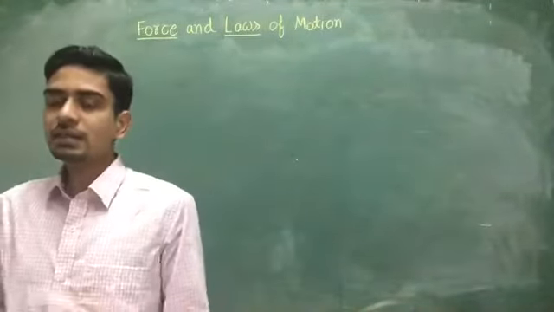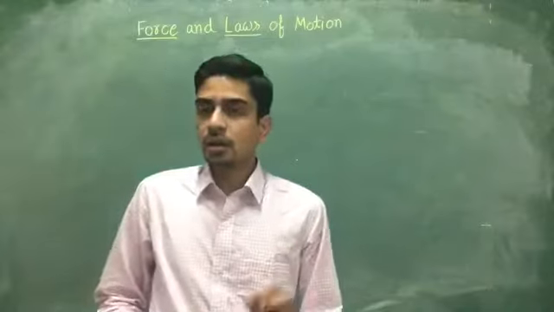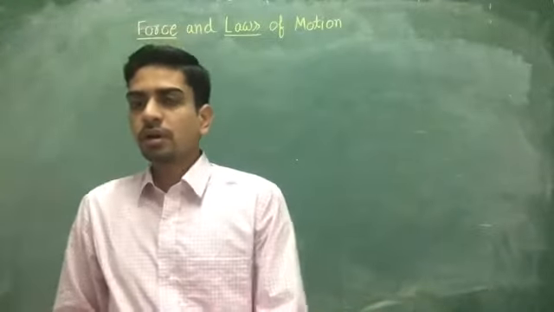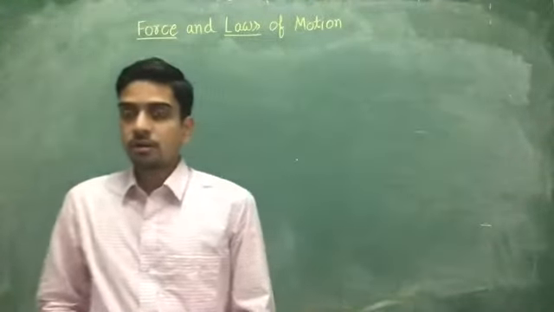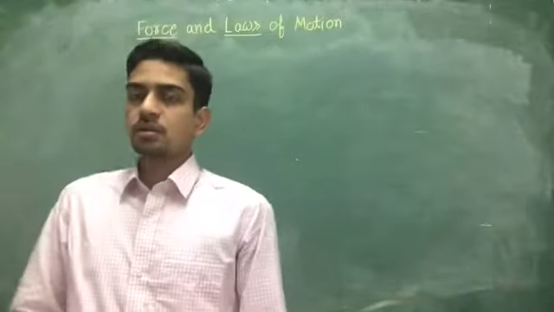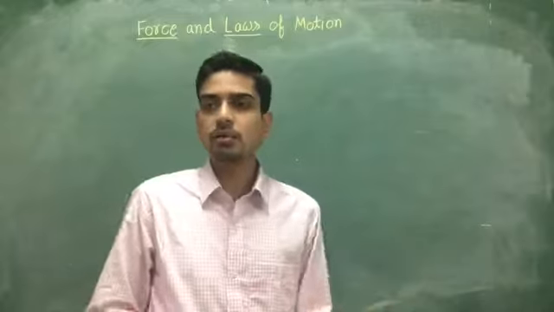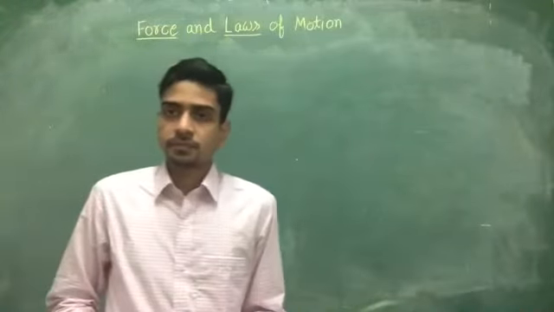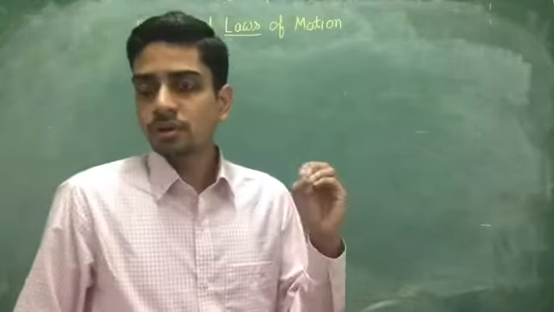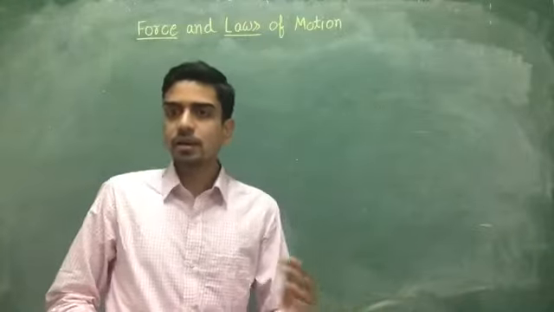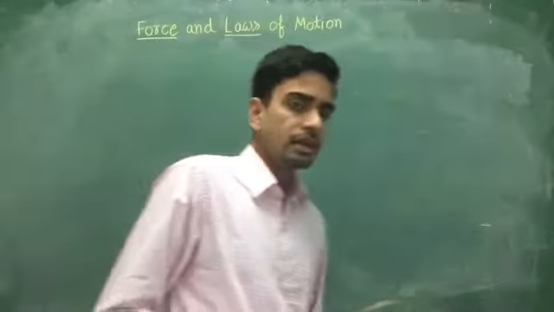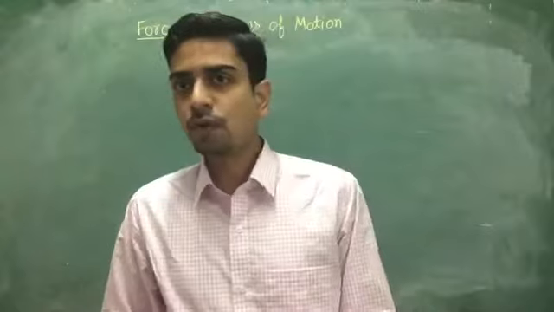This is the exact statement you need to learn because each and every word is important. Uniform motion in a straight line: speed should not change, velocity also should not change. Straight line motion. Compelled to change the state by an external unbalanced force. Force should be unbalanced. That has an effect.